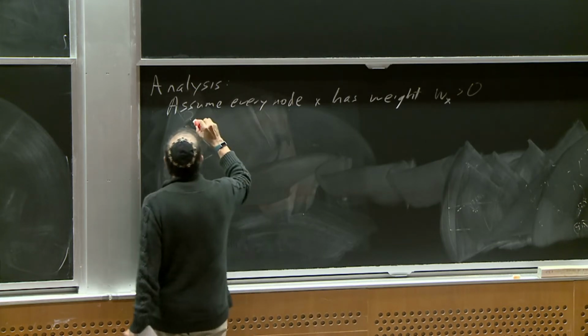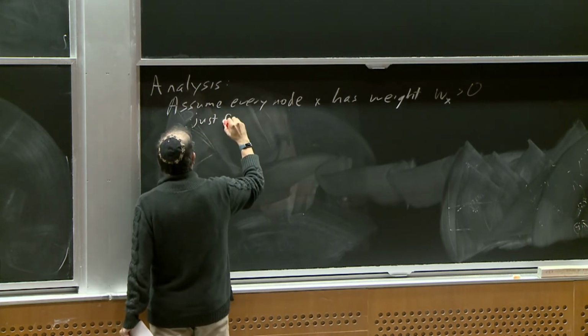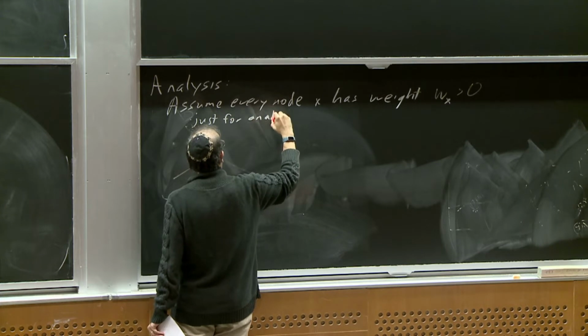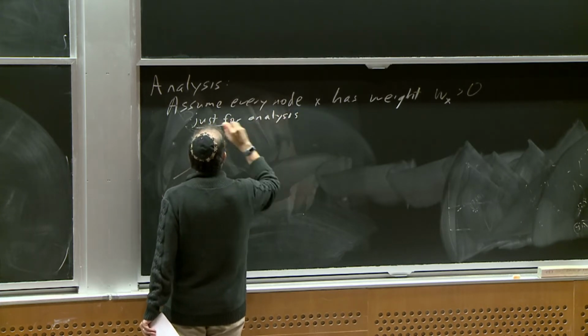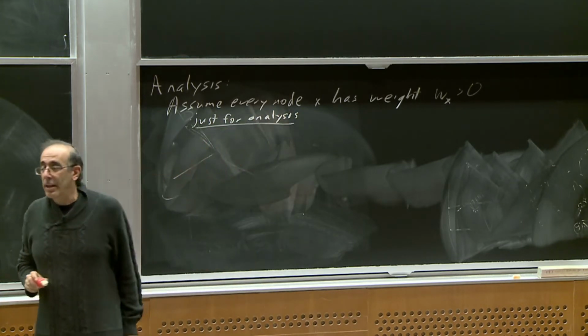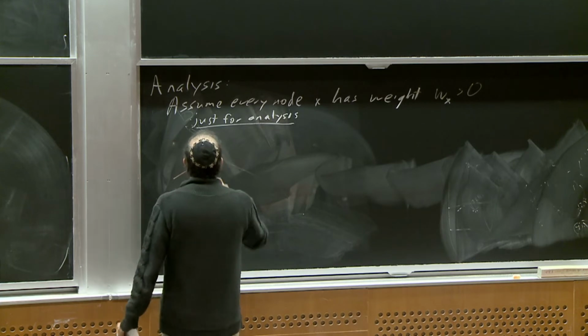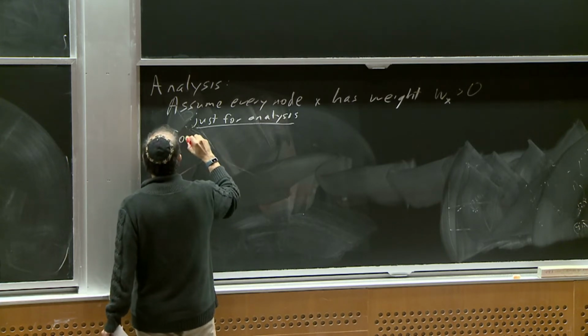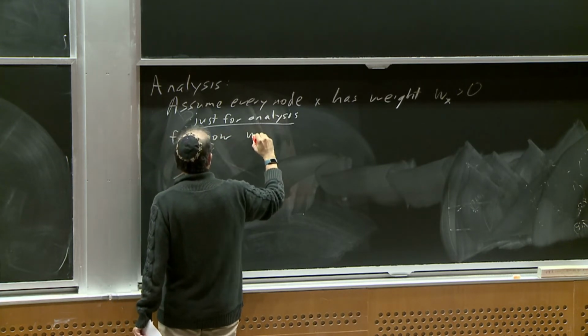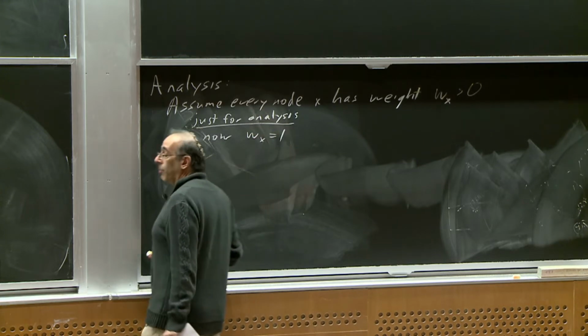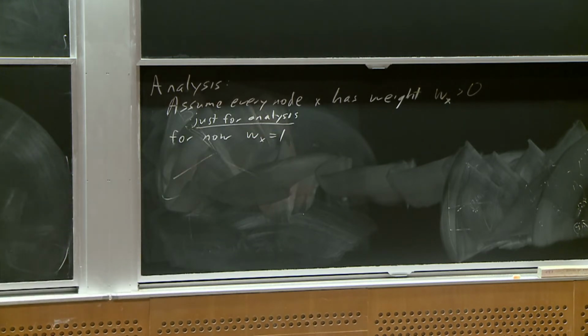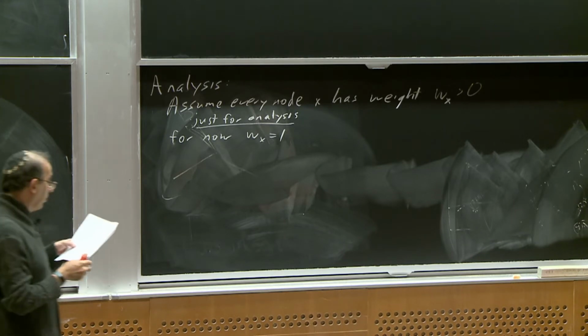And this is just for analysis. The data structure has no idea what the weights are. I'm just inventing them to prove things. For now, and for intuition, you can assume all the weights are 1, but we will use the more general weighting to prove some other cool things.